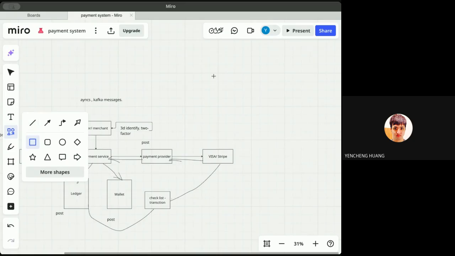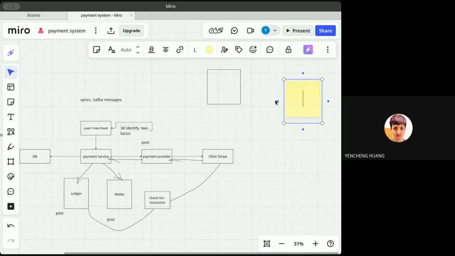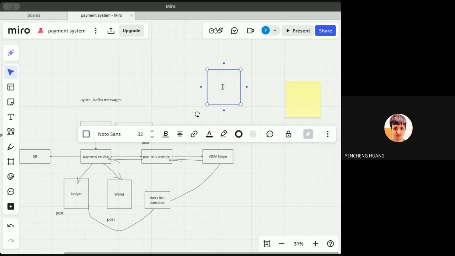So when the users tap the buttons to proceed the check, and we finish the check, we press the buttons, and we send the UUID or idempotency key to Visa or third parties.